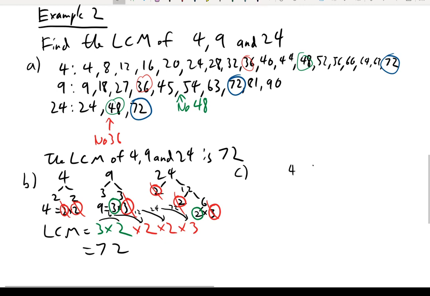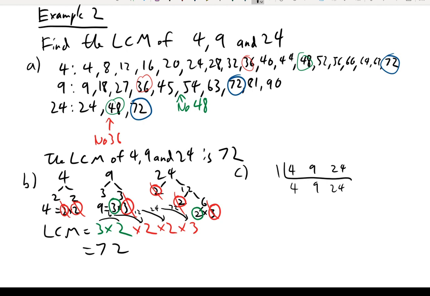We have 4, 9, 24. And for this one, I do not think that the ladder method works for 3 numbers, because the only common divisor is 1, and we have 4, 9, and 24. If you multiply all these together, 24 times 9 times 4, it's going to be a little bit too big.